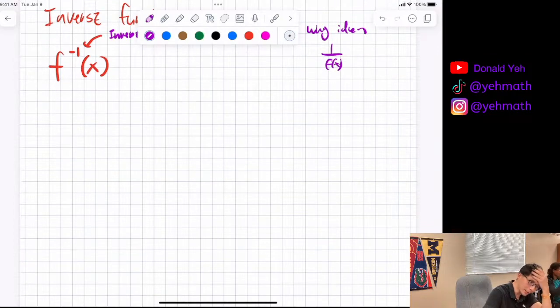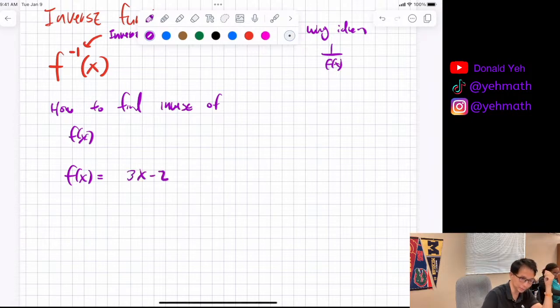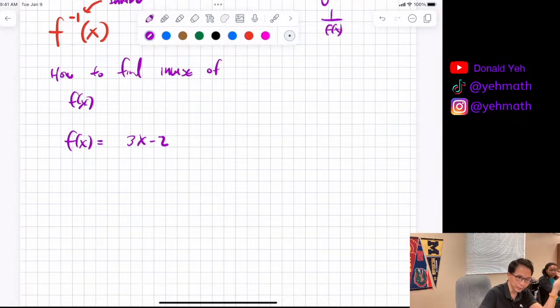So how do I find the inverse of x? So always, how to find the inverse. Let's say f of x equals 3x minus 2. How to find the inverse?